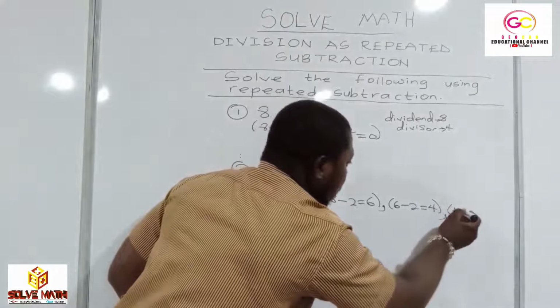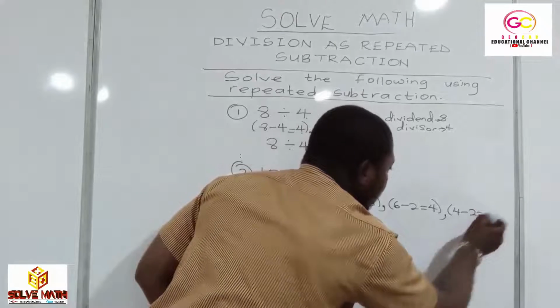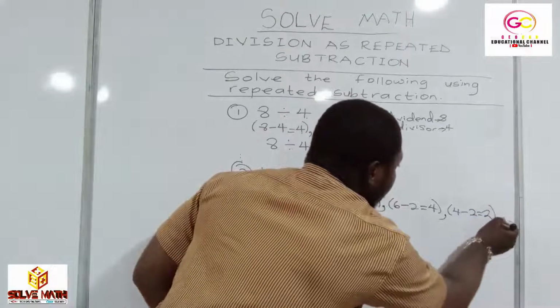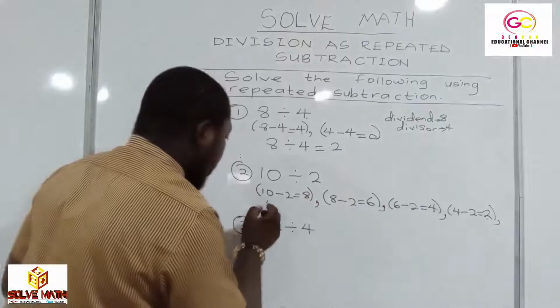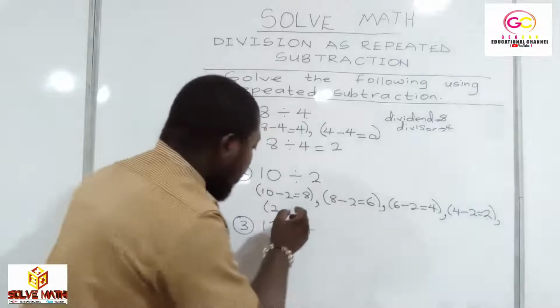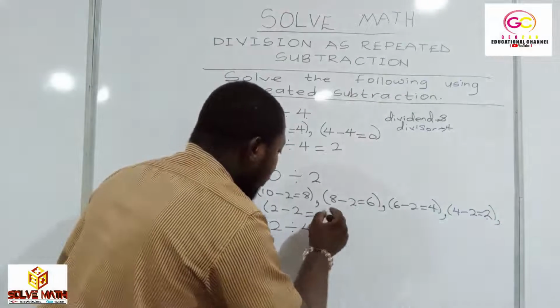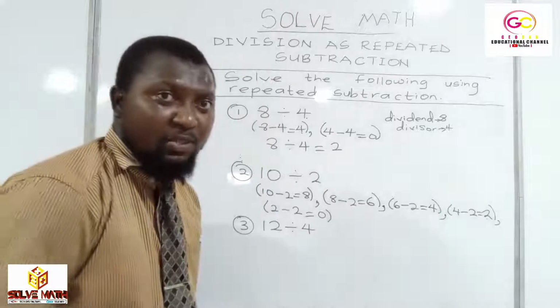Good. 4 minus 2 will be equal to what? 2. Good. So we still don't have 0 over there. So now 2 minus your what? Divisor, which is what? 2. And 2 minus 2 is equal to what? 0. Now, we've ended. We've arrived at 0.